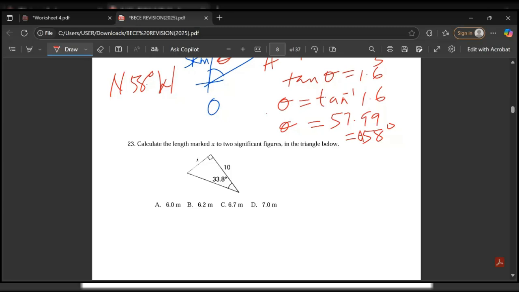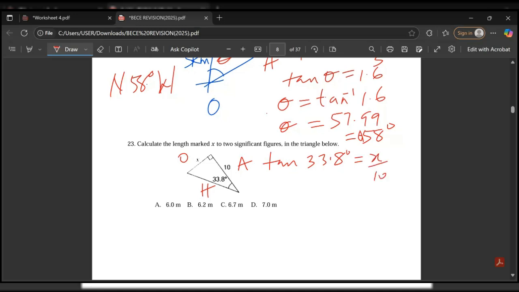Okay. So this is also a right angle triangle. Let's label the sides. This is the opposite, this is the hypotenuse, and this is the adjacent. We are looking for the opposite. So that is tan 33.8 degrees equals opposite, which is X, over adjacent, which is 10.